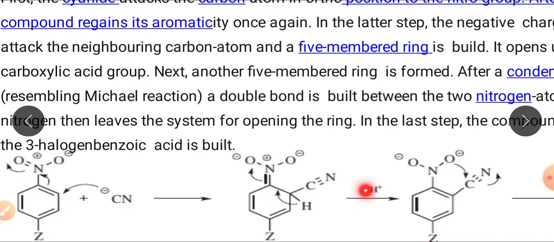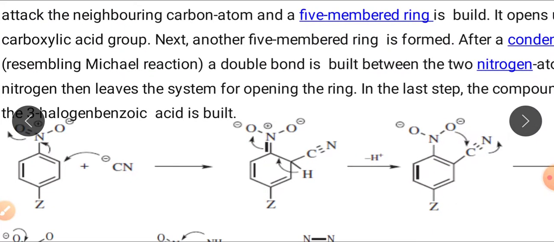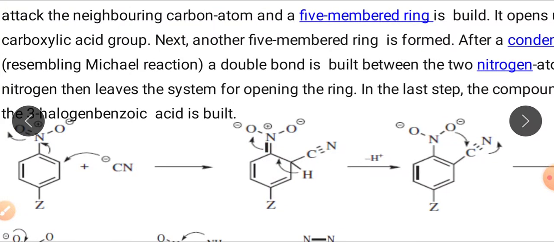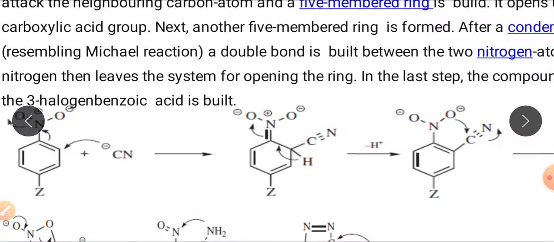So in the second step, you can clearly see that this is a double bond between this carbon and this nitrogen, and the CN group is attached here.